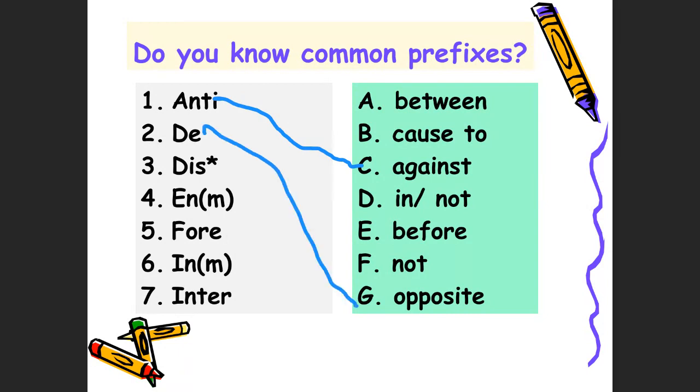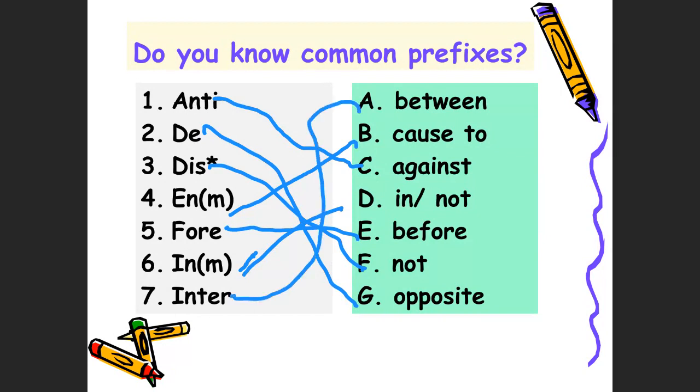Dis, it was not, ¿cierto? En or em, that was cause to, ¿cierto? For, that was before, like forearm or forehead. In or im, that was in or not, yeah? And finally, inter. Inter, that was between, okay?